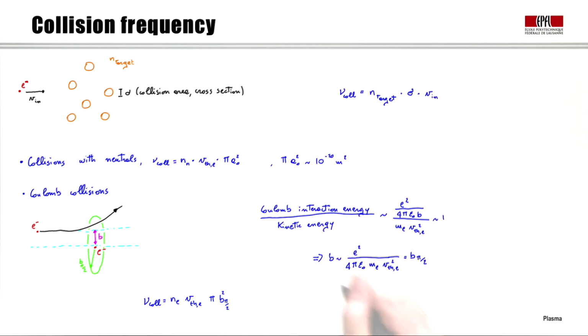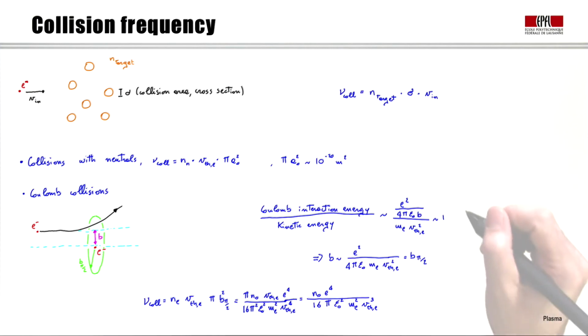And if we plug in the numbers that we have just evaluated, this will be equal to pi n0 e to the 4th divided by 16 pi squared epsilon 0 squared m_e squared v thermal e to the 4th, times v thermal e, which is also equal to n0 e to the 4th divided by 16 pi epsilon 0 squared m_e squared v thermal e cubed.